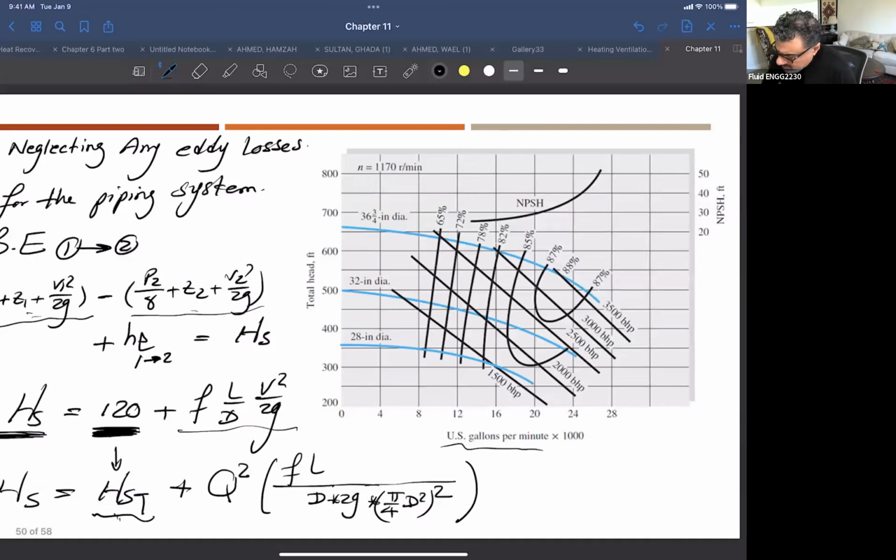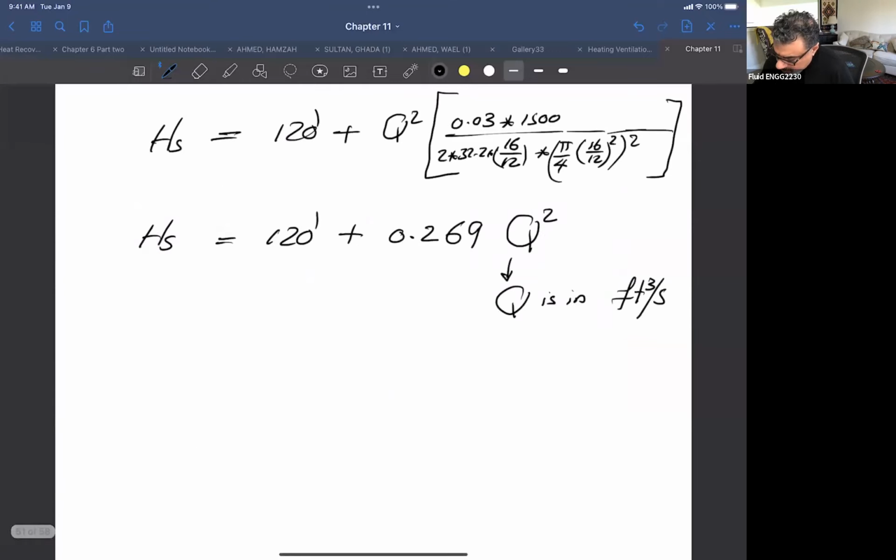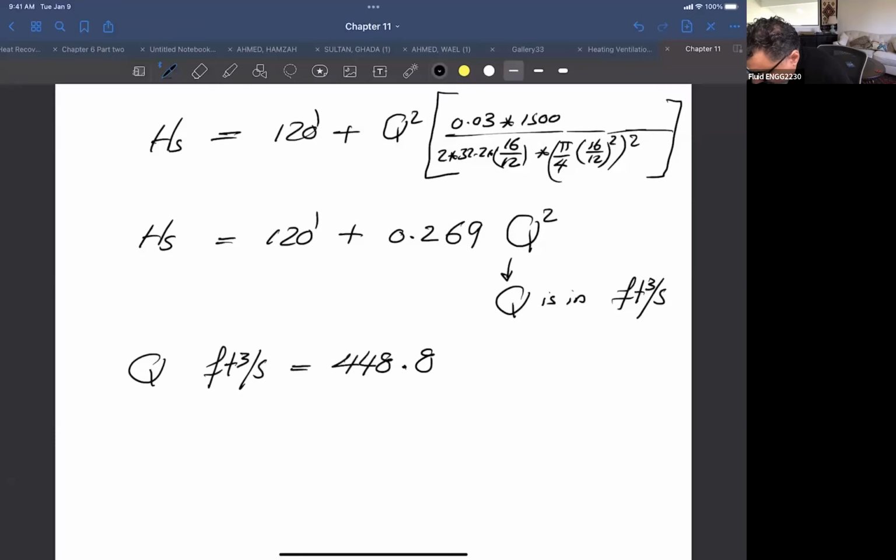So we know that Q in feet cubed per second is equal to 448.8 gallons per minute.